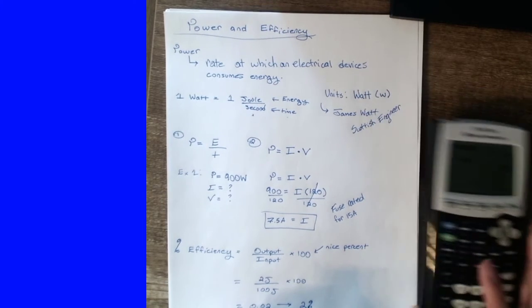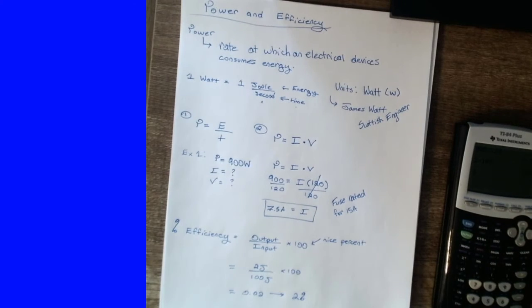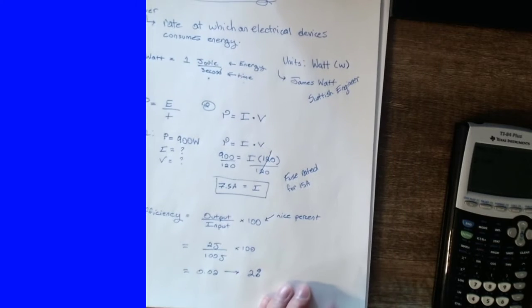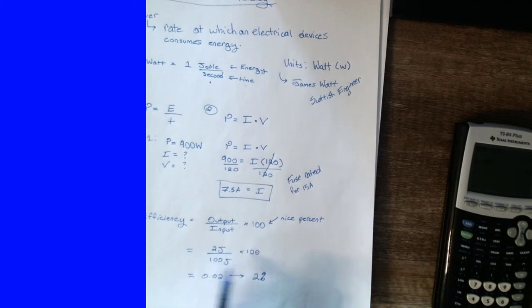So what this means is that for whatever electrical device this is, you input 100 joules of energy. 2% of that actually goes to what the electrical device is trying to do.